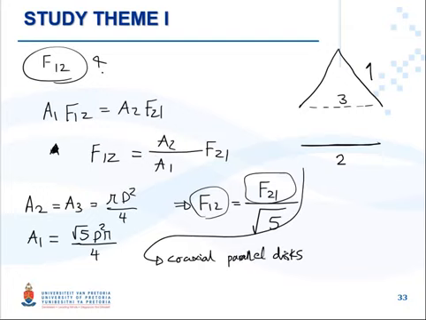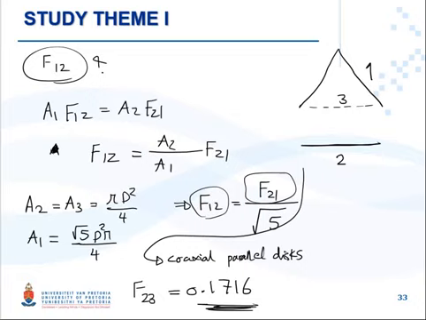Surfaces 2 and 3 are coaxial parallel disks, so we can find F23 based on the correlation from table 13.1. I'm not going to write it, but F23 is equal to 0.1716. Please go to your textbook and find the right correlation for coaxial parallel disks.